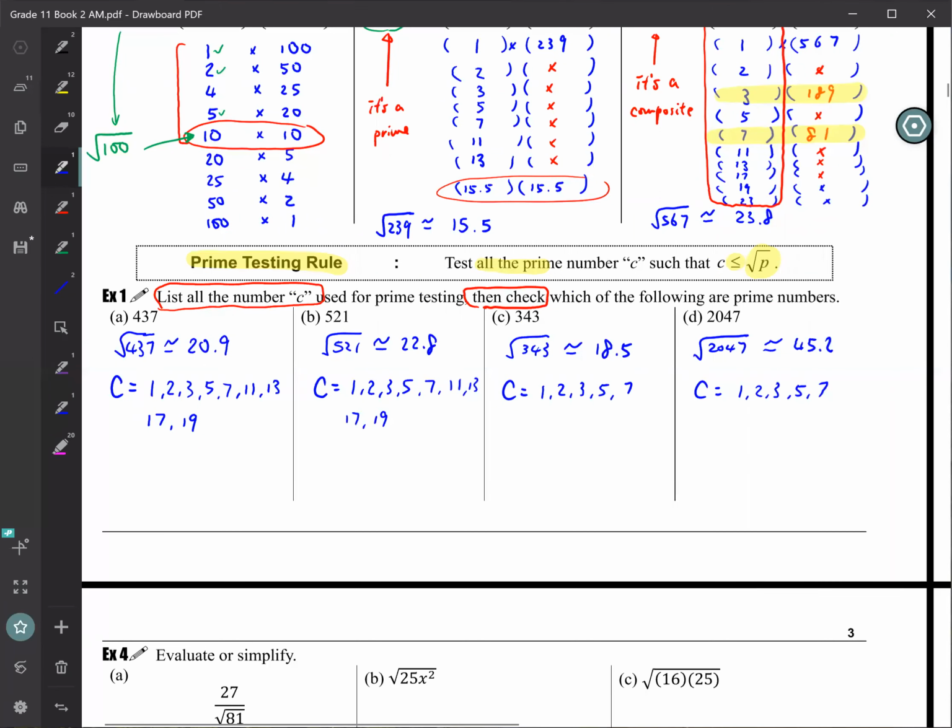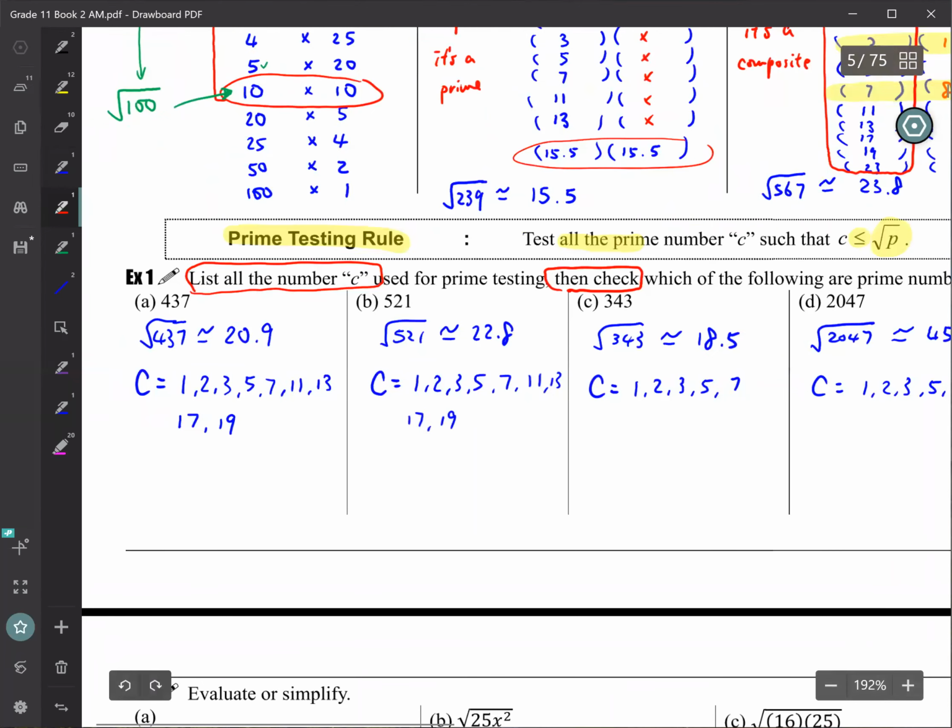All right, let's go over question A first. Yosher, for question A, how's the test? It's composite because it's divisible by 19. Okay, so 19 will work, 1 will work, everything else failed. So it will be 19 times what? 23.